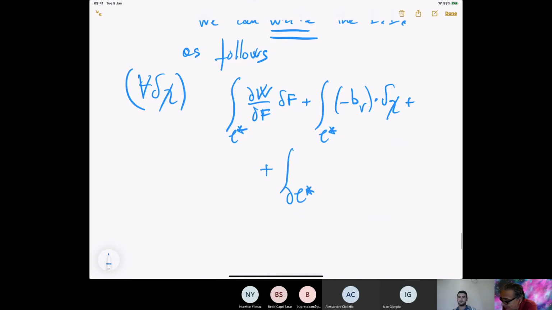Now I don't make distinction between forces applied on the free boundary and constrained forces. So I write B total sigma delta chi. This has to be equal to 0.